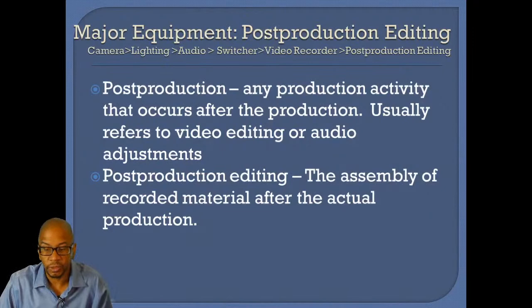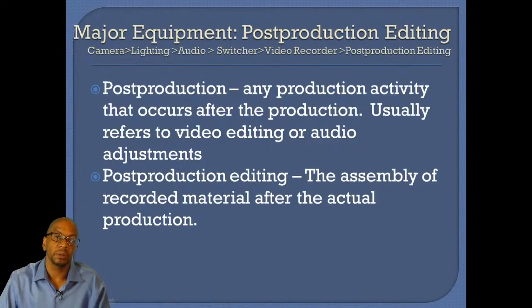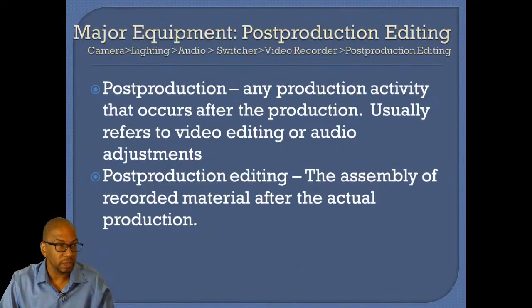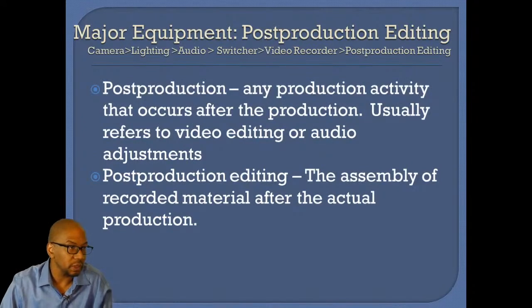So if you plan some type of commercial shoot, find locations and all that, and actually shoot the commercial, having people say their lines, then when you get it back to wherever you edit, that's when you're in the post-production stage. Most of that is video editing, but some of it may be cleaning up some audio, or adding some subtitles or something like that. Post-production editing is basically editing after whatever that event may be.